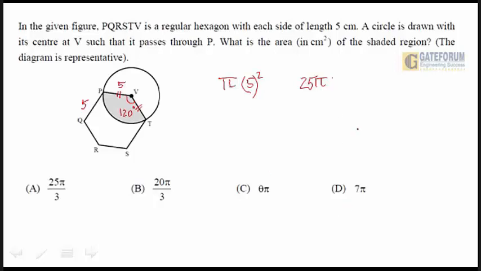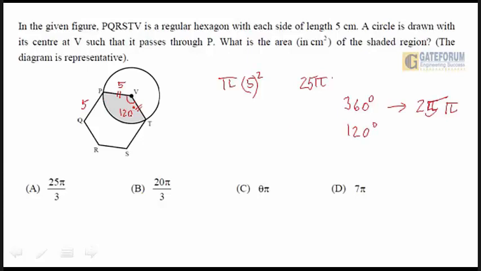Okay, so a simple case of the unitary method can be followed. See, 360 degrees of the circle actually encloses an area of 25 pi. So how much will 120 degrees enclose?